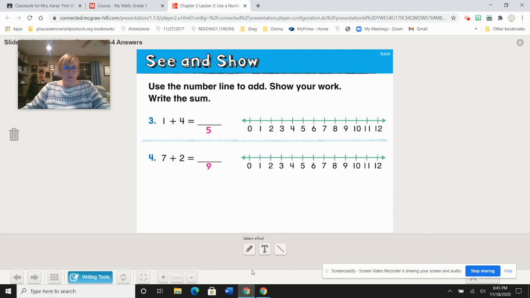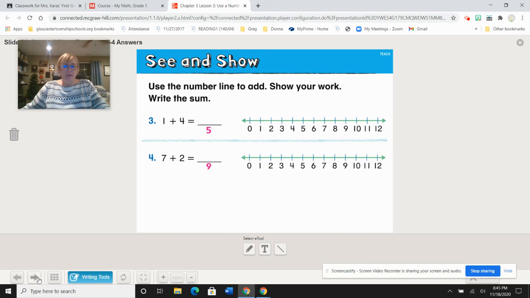You're going to circle the 4, and neater than I did it. You're going to start at 4. How many are you counting on? That's right, 1. So it's 5. And then you do the same thing with that.